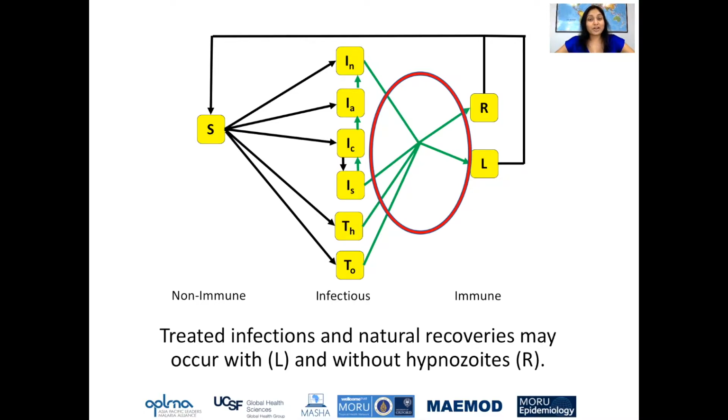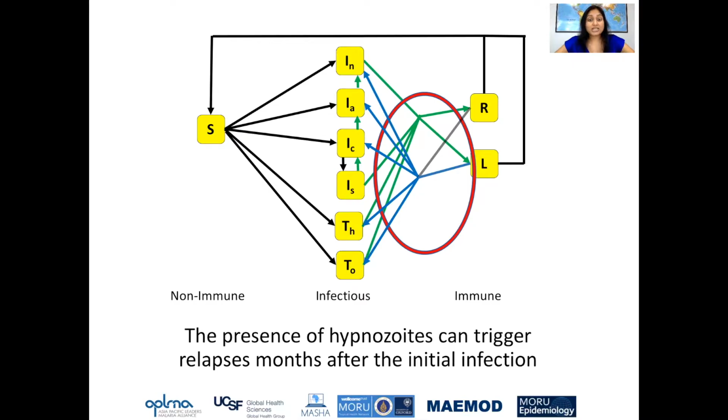Plasmodium vivax malaria infections may recover with and without the presence of hypnozoites in the liver. The presence of hypnozoites may trigger relapses of the same Plasmodium vivax infection weeks, months, or sometimes years after the initial infection.